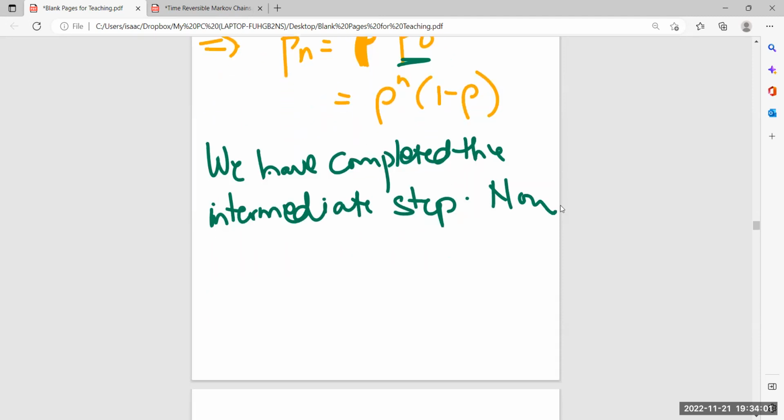Now we will find LS, right? So LS is the expected length of the system, right?